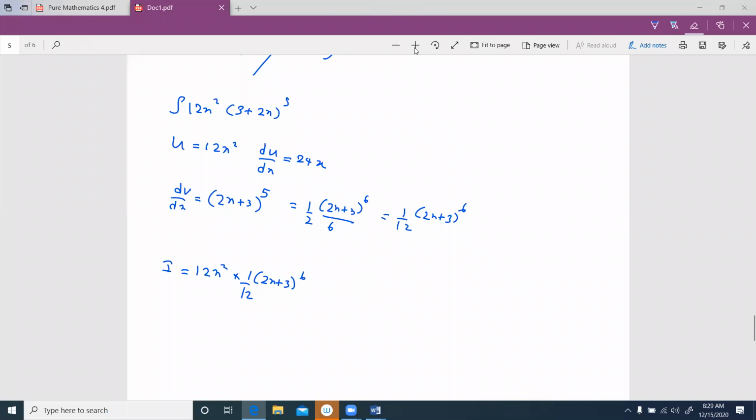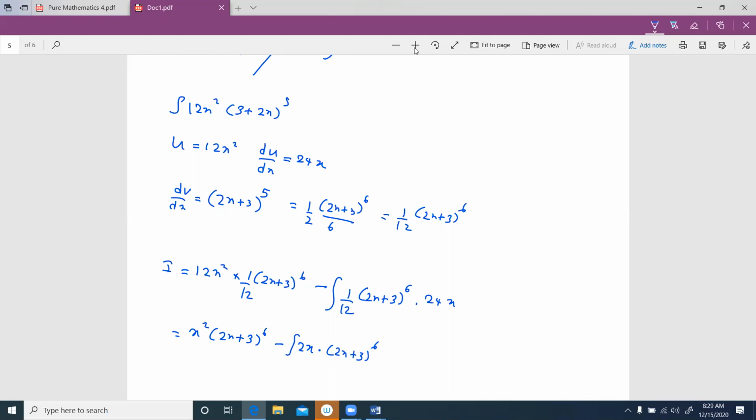Then uv minus integration of v du by dx. v is this bit, 1 over 12, 2x plus 3 to the power 6, into du by dx, and du by dx becomes 24x. So this 12 and 12 get cancelled, x squared, 2x plus 3 to the power 6. This 24 and 12 just turn up to 2, 2x, 2x plus 3 to the power 6.